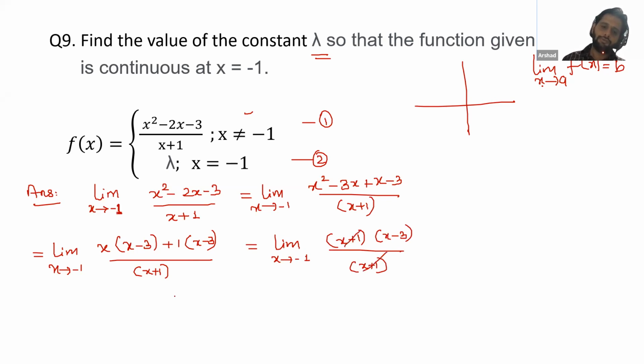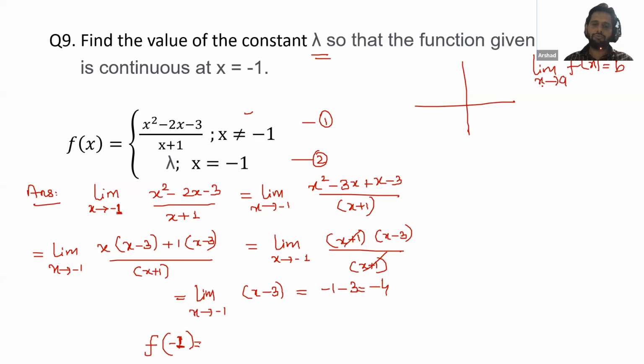This part will cancel out. So you get here limit x tends to -1, x minus 3. Now put this limit. So -1 minus 3, this is equal to -4. So we get this limit. Now we will calculate f(-1). So first, can you tell me for this f(-1), which function we will use? First or second?